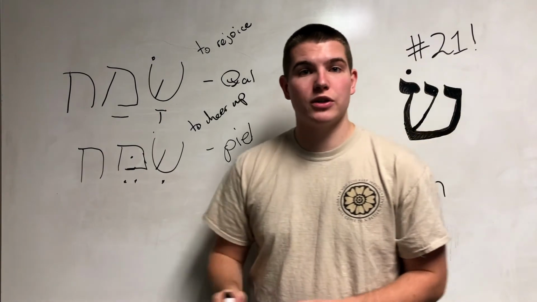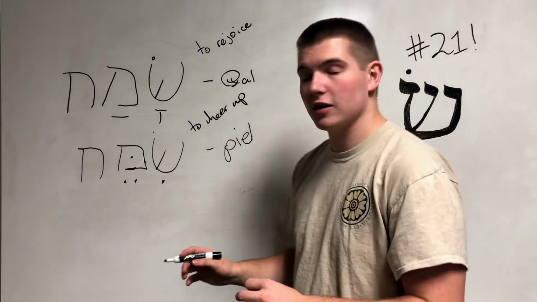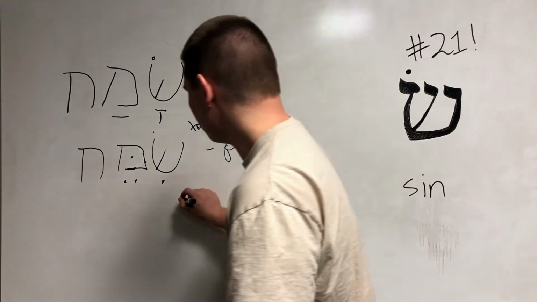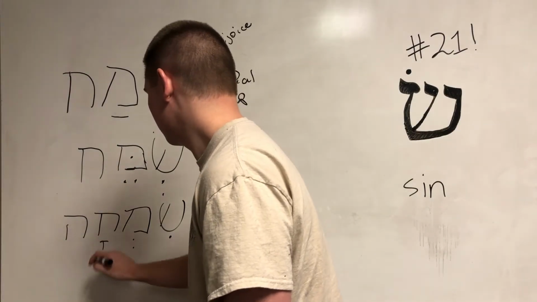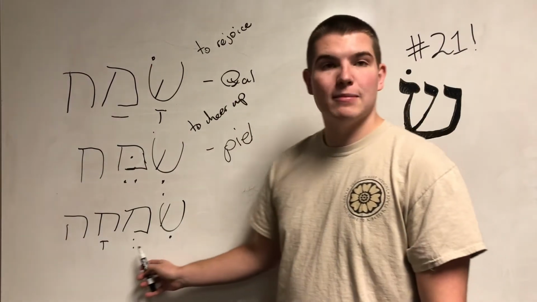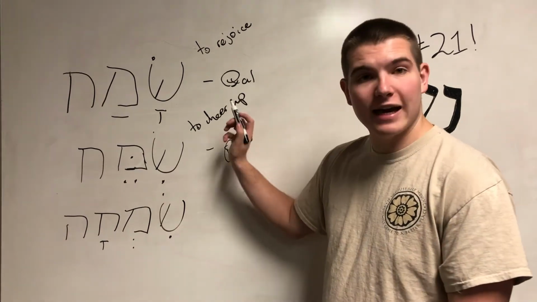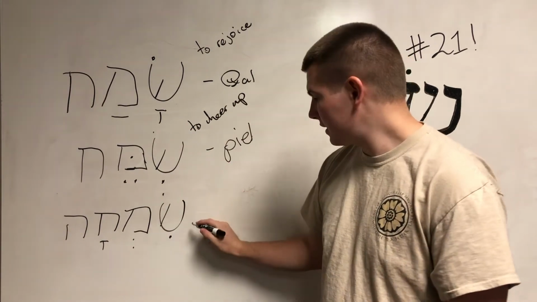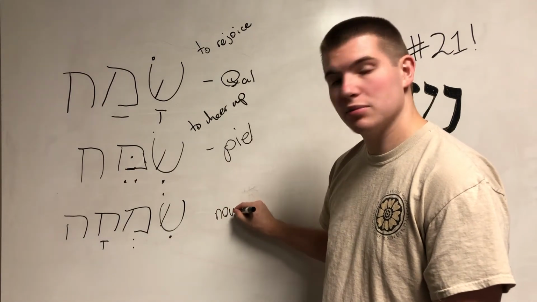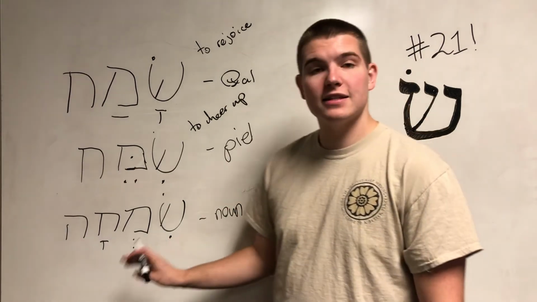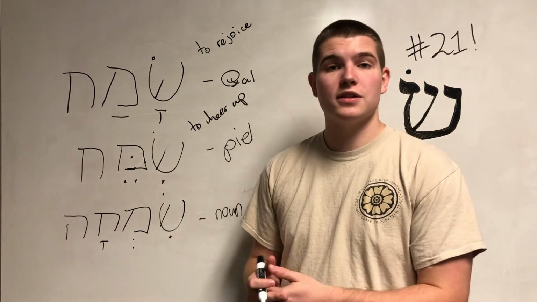And the last word I want to show you isn't even a verb. This is actually a noun. This is simcha, simcha. Same idea, but instead of being a kal verb or a piel verb, this is just a simple noun. And this noun means joy. So this is the basic word.